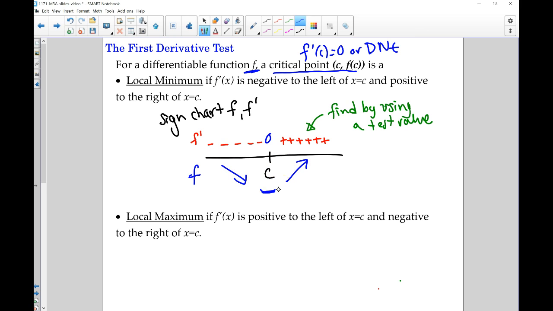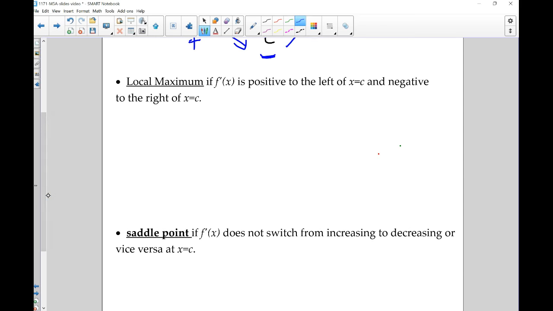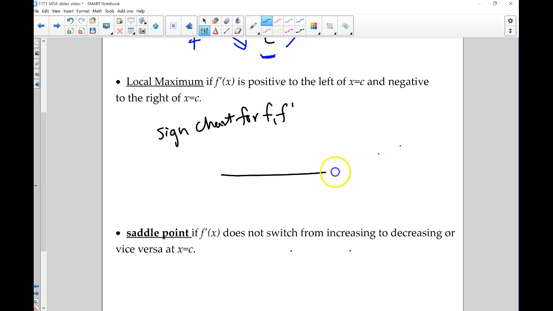and hit the bottom of a hill. Okay. Local maximums are going to be quite similar, so if I make a sign chart for f and f prime, again, here's my critical number.